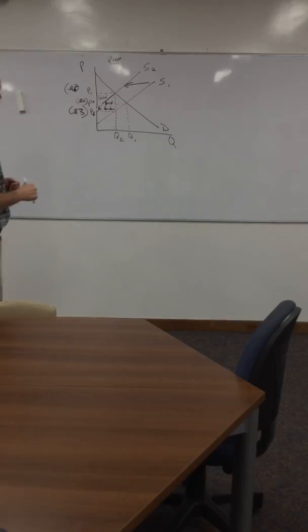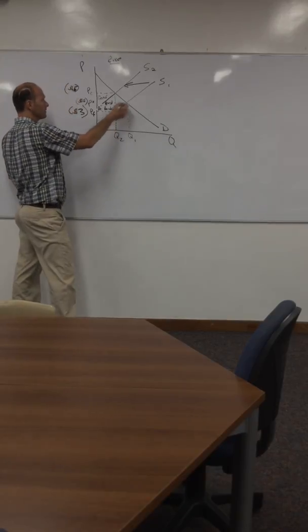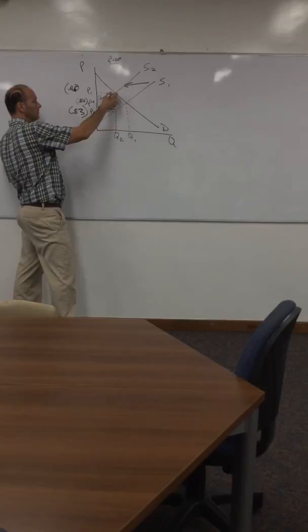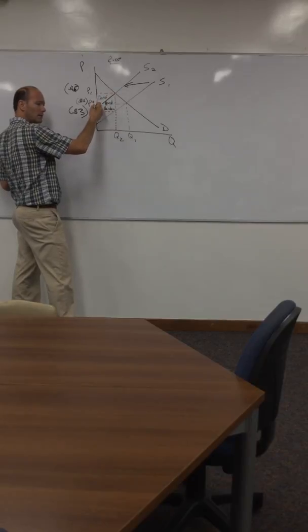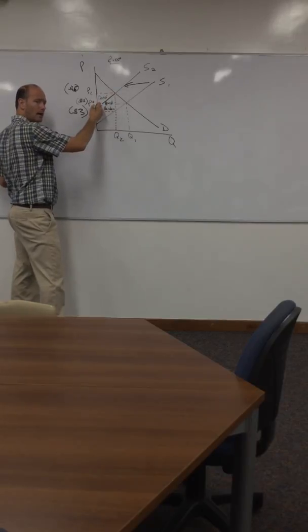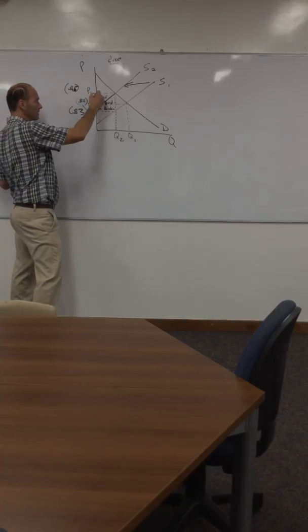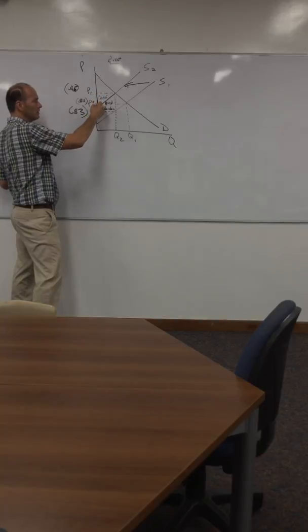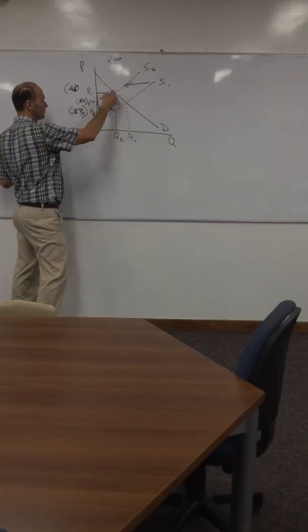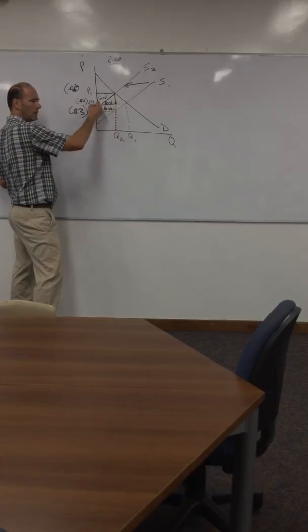Now, in this case, the supply curve shifts in, okay, and you can see that formerly consumers had to pay $4, now they pay $5, and so their burden is, in this case, 1 times the quantity sold, whatever Q2 is, so 1 times Q2, or this rectangle.